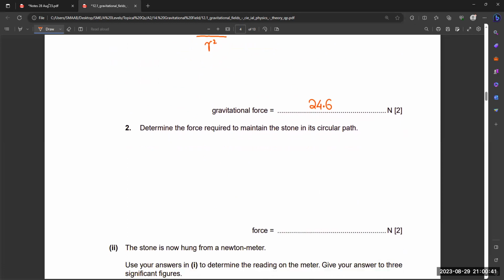Now the second part is: determine the force required to maintain the stone in its circular path. So which force helps us maintain a body in a circular path? Centripetal force, right? And you know the formula again.